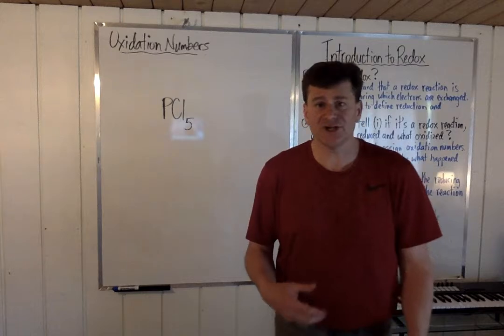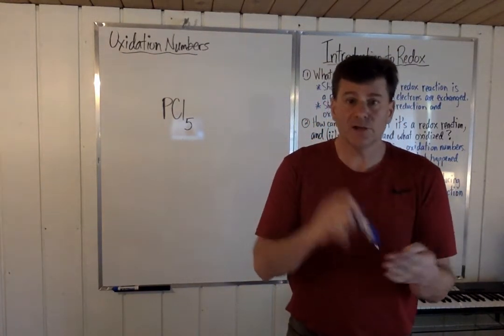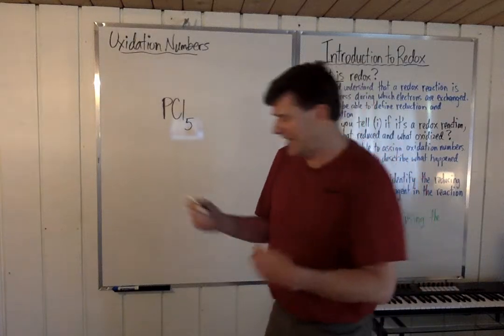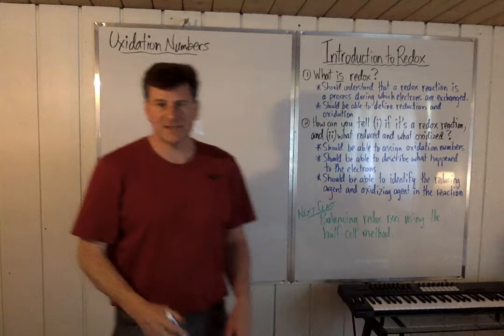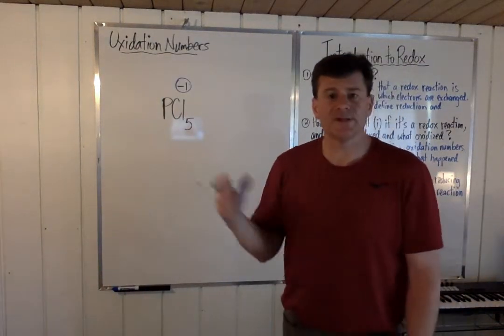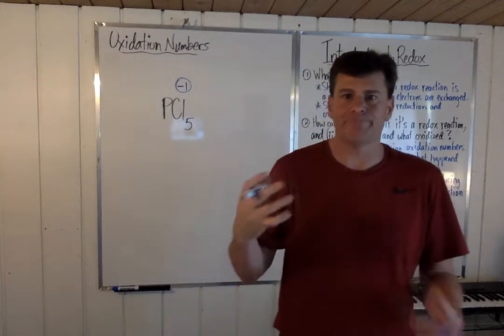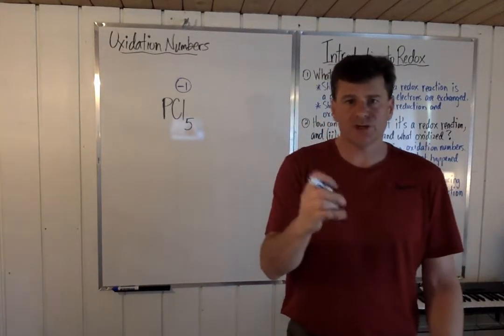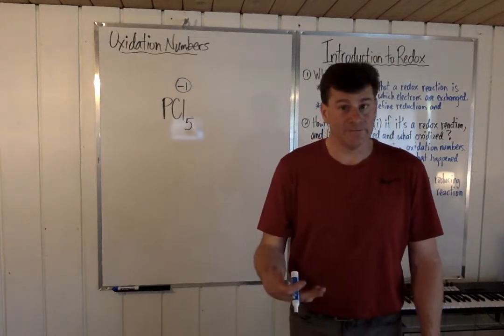So what oxidation number does the chlorine have? A single chlorine atom has an oxidation number of -1. So you see what I did there? I didn't write that it has a charge or something. I'm scribbling it above the molecule. Each chlorine has a charge of -1, but there's 5 of them.